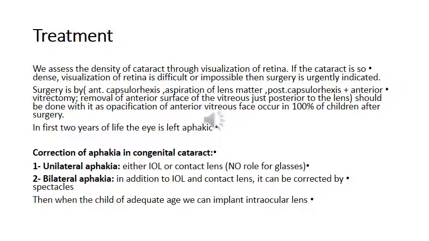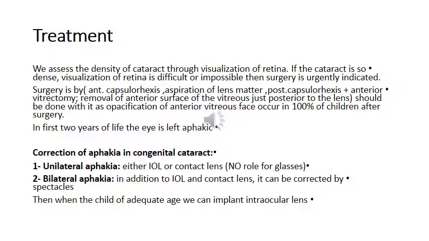In adult cataract we implant lens always, unless there are some contraindication, but in pediatric age group, especially in the first 2 years of life, we don't implant intraocular lens. We leave the child aphakic in that eye.